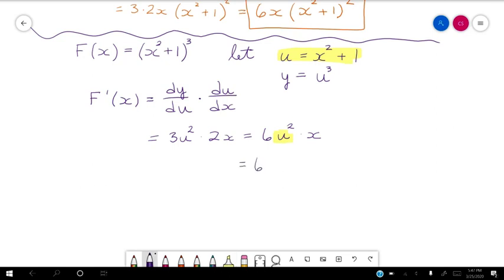Substituting u back as x squared plus 1, now this answer makes a little bit more sense. We started with x's, we should end with x's. Again, we just clean it up a little bit. Let's move that x to the front, and we get the same answer as before.